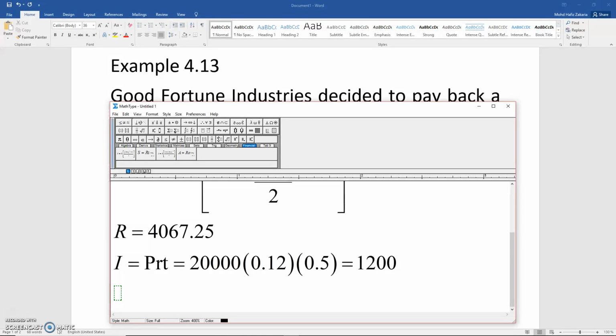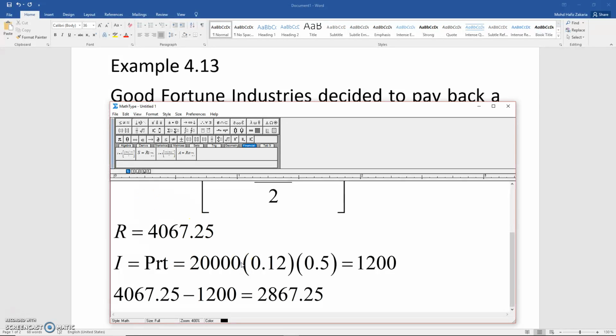Meaning the principal amount that you paid for your first payment is 4,067.25 minus 1,200, that gives you 2,867.25. This is the amount of principal that you pay out of that 20,000.